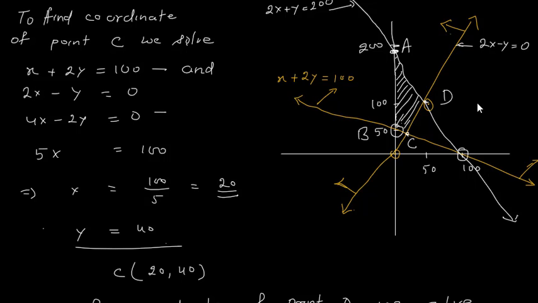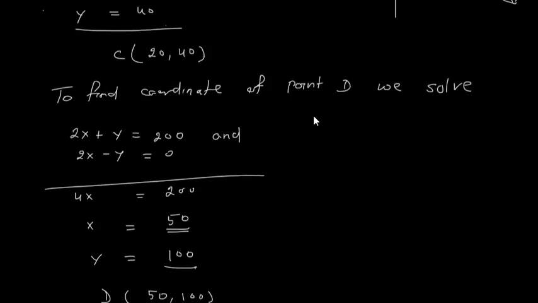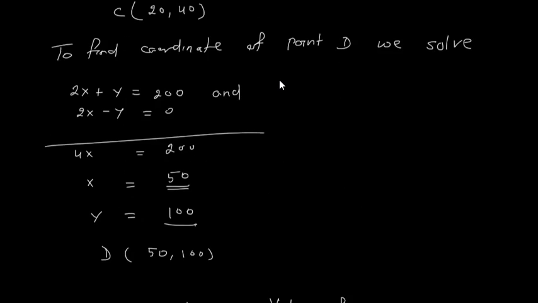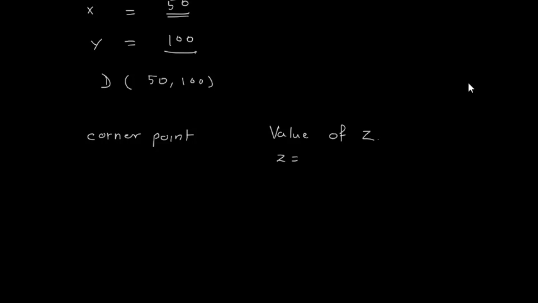So we now have the coordinates of A, B, C and D. So I will find the value of z at the corner points. Here I will draw a table of corner points and the value of z. Now what is the equation of z? Z is x plus 2y.